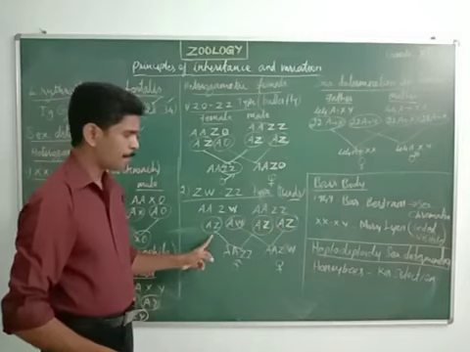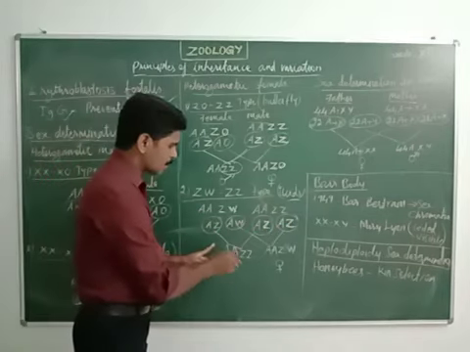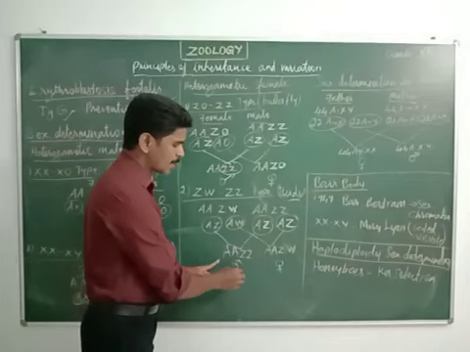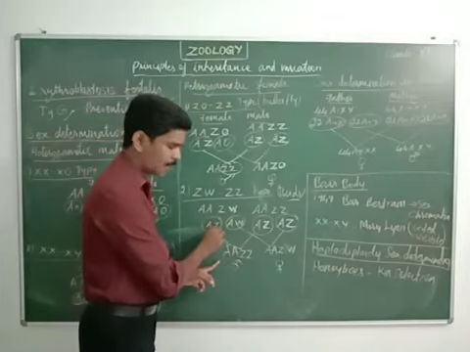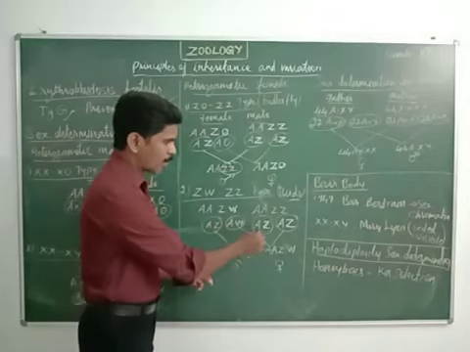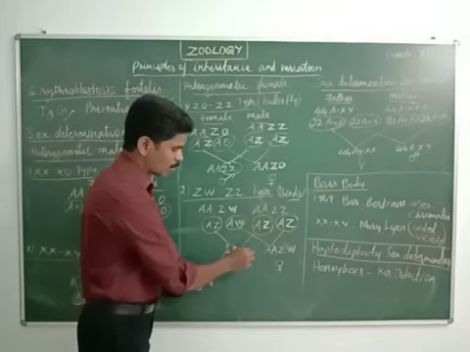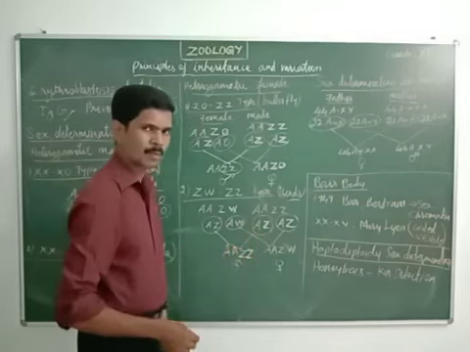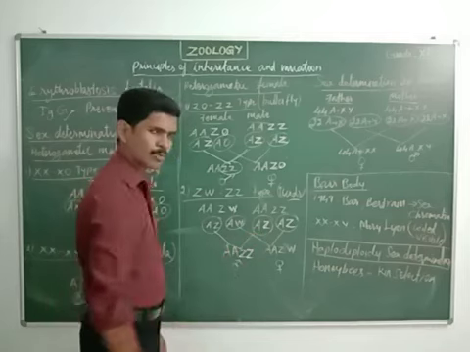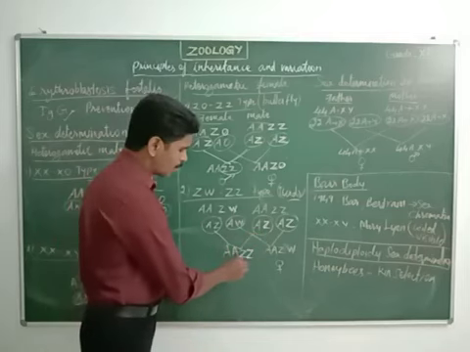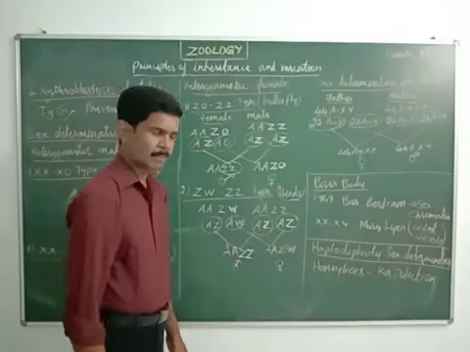Hope you understood. Suppose the newly produced young one gets one Z from the mother and one Z from the father. So both are Z chromosomes. So it is a male.